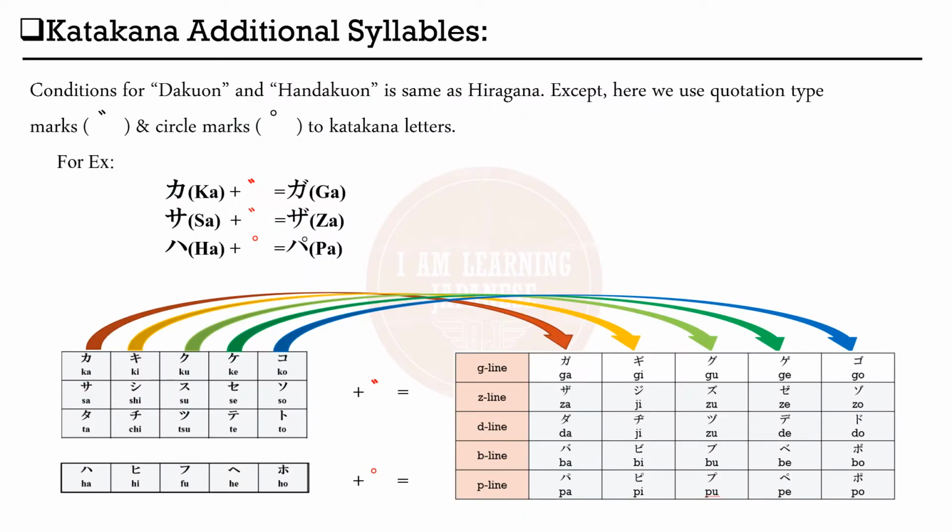In this section, we are going to see dakuon and handakuon. The high pitch sounding syllables are usually called dakuon and the low pitch sounding syllables are called handakuon. This is the same as in hiragana, which I have explained previously, except here we need to use quotation type markings and circle markings for katakana letters.